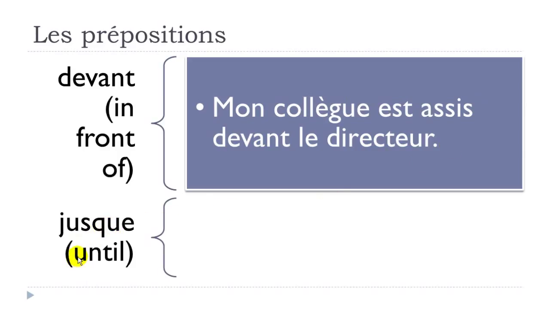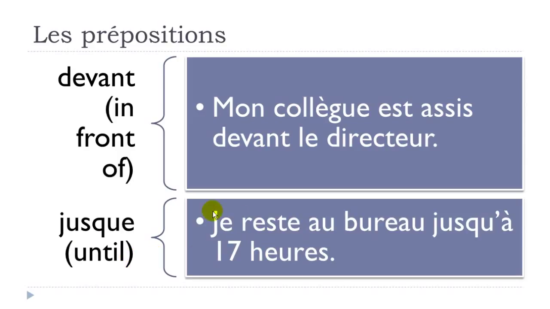Jusque means until. Example, je reste au bureau jusqu'à 17 heures. Okay? Rester is to stay, au bureau, at the office. Je reste au bureau jusqu'à, until 17 heures. Okay, so you can see that here it's quite interesting because normally we should have this jusque written like that.